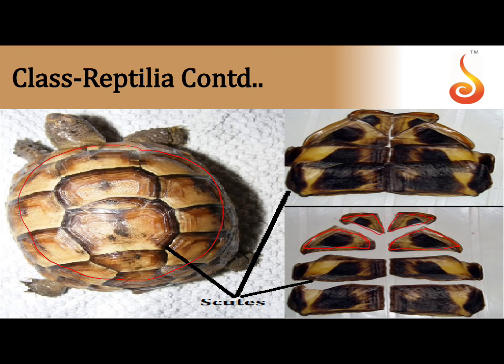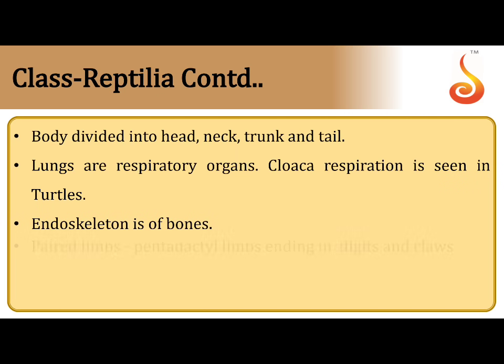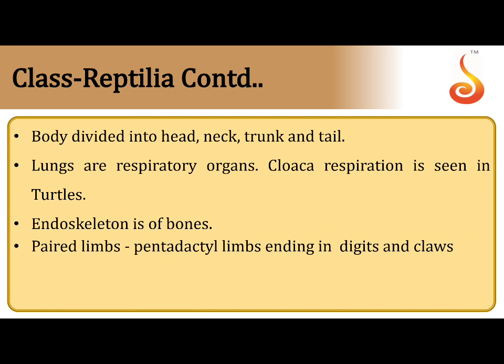So, we can understand that these tortoises and turtle scales are very hard. They don't shed it off, it keeps adding layer after layer, and they are of different sections. If you look at the entire body, they have 4 regions: the head, neck, trunk and the tail.